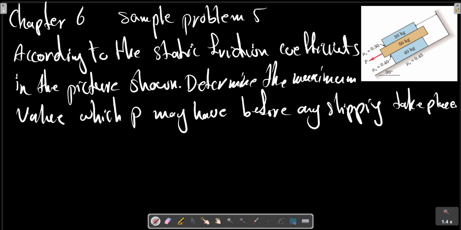As we can see, the upper block is prevented from moving by the cable at the end of the block, so the two other blocks can slip under the applied force shown in the picture, and also under the forces due to gravitational effects.